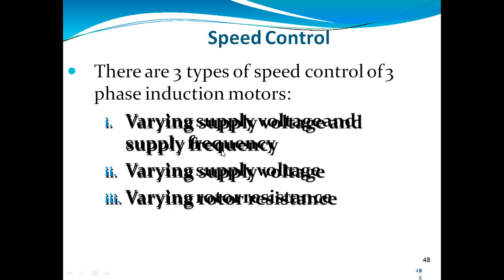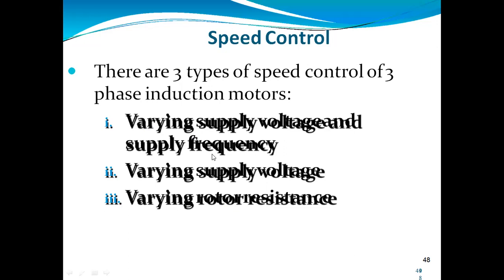Another equation is N equal to Ns into (1 minus S), so N is directly proportional to Ns. In short, the speed is directly proportional to the supply frequency.